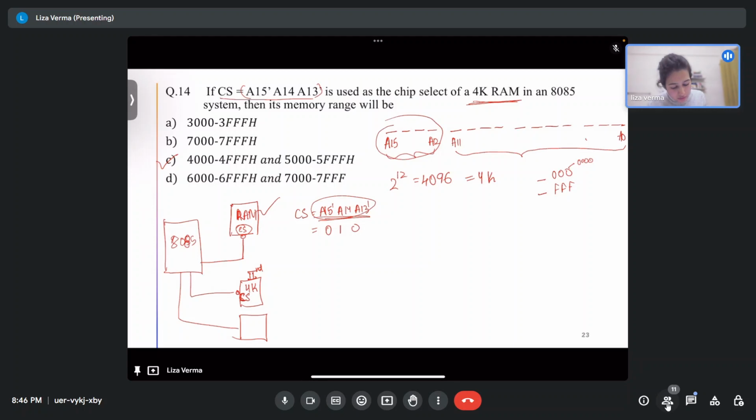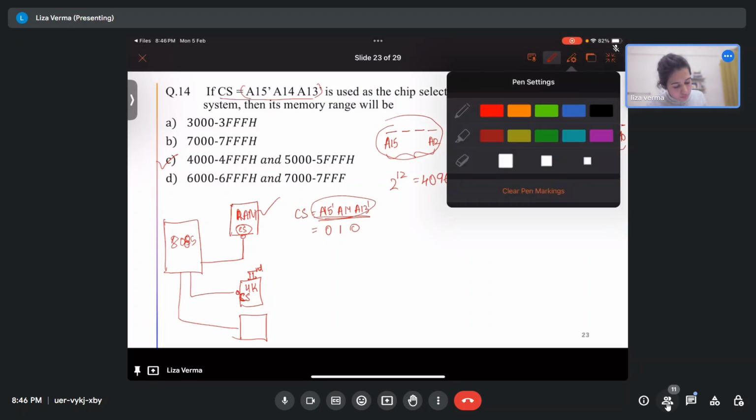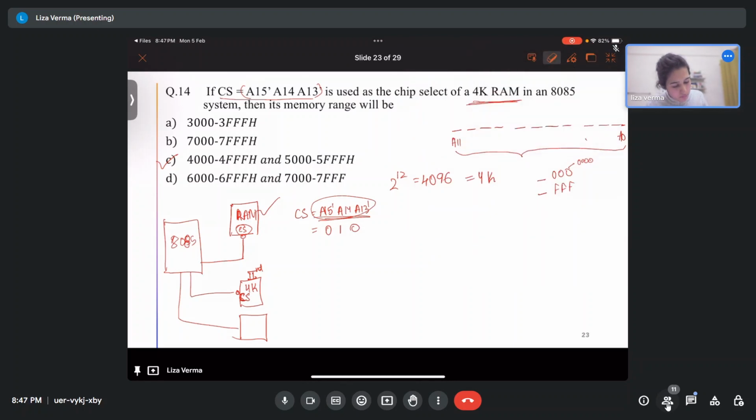So we are fixing the values of A15, A14, A13 as 0, 1, 0 on these three lines. Understood?